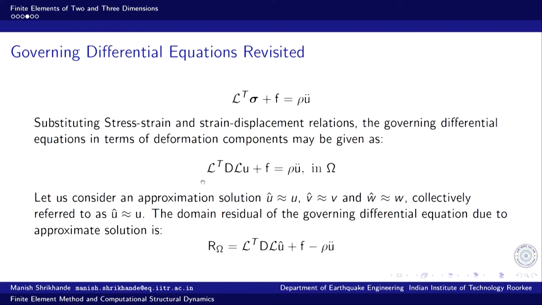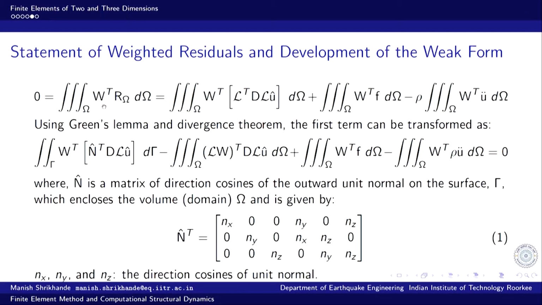There are 3 differential equations, and the residuals we are looking at are 3 residuals: r omega x, r omega y, r omega z, that is, the residual along the x direction, along the y direction, and along the z direction. Accordingly, there will be 3 weighting functions. So, W is a diagonal matrix; I may call it W x, W y, W z along the leading diagonal of this 3 by 3 matrix.